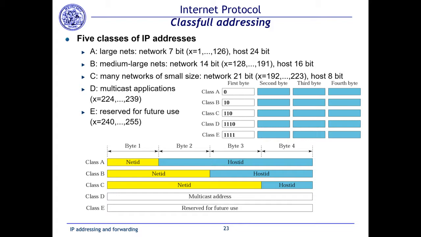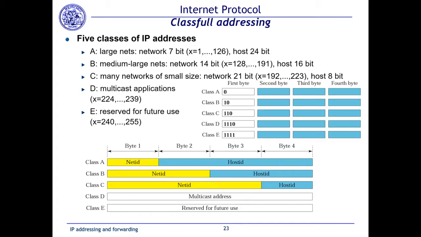So class A is identified by setting the most significant bit of the first byte to 0. Since the value of this bit is fixed, the number of networks that you can define in class A is not 2 to the 8, but 2 to the 7, because you have 7 bits that are variable in your net ID.